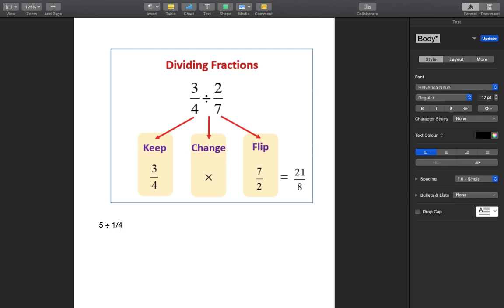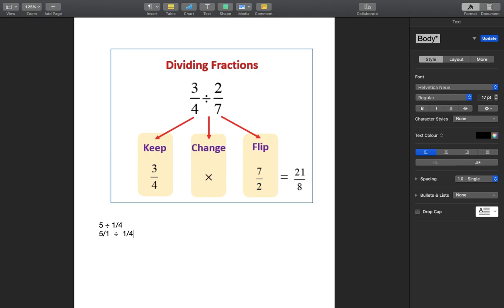Okay, so the first thing I do is, this is a whole number, so I need to put 5 over 1 to make it a fraction. 5 over 1. It's another way to write any of the whole numbers, 5 over 1, 3 over 1, etc. So I put 5 over 1, and then I'm going to divide it by the quarter.